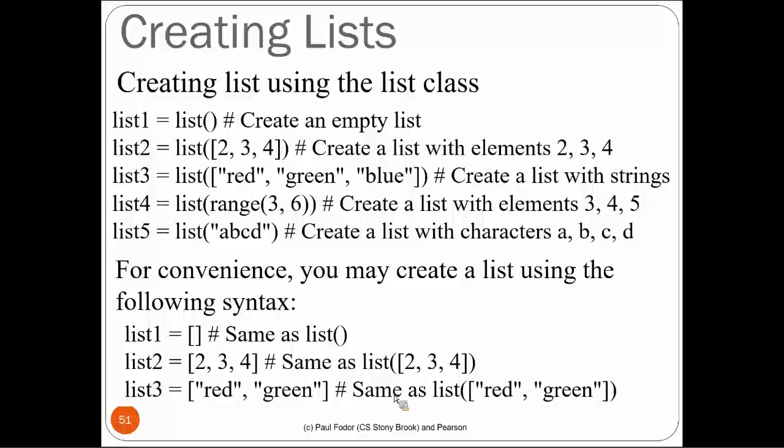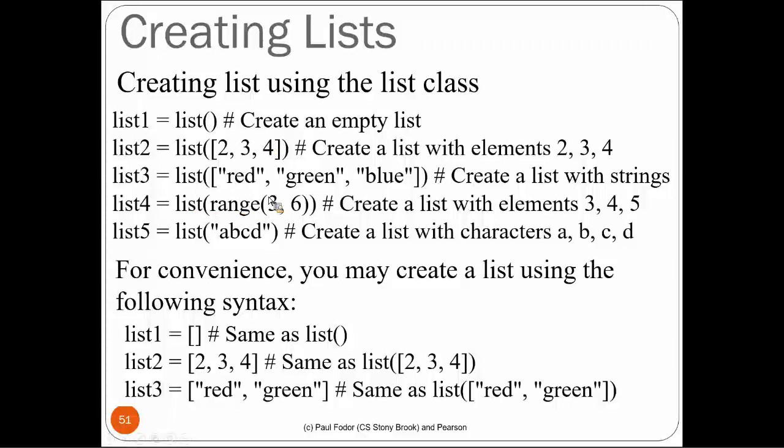So you can create a list using, again, the class list. It is one of the standard classes, and you can create the list by invoking the default constructor for list, or you can create a list out of a predefined list using the open close bracket notation. You can create a list of strings, of numbers. You can create a list out of a range.